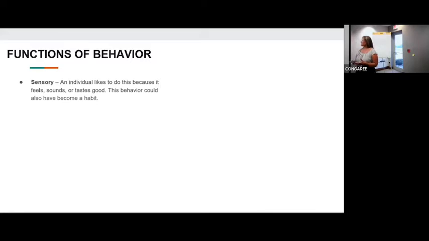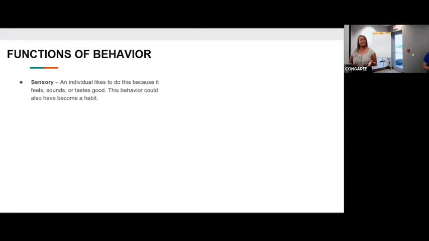With sensory, if something's happening for that reason, an individual maybe likes to do this because it feels good, it sounds good, or it tastes good. And this behavior could also have become a habit. For me personally, I will pick my nails a lot. I will play with my hair, not because it gets me anything or gets me out of anything.